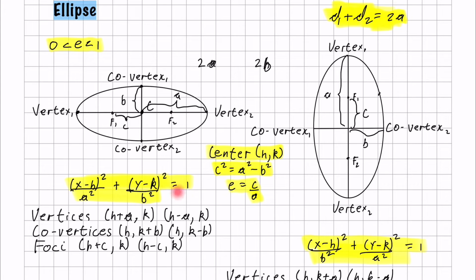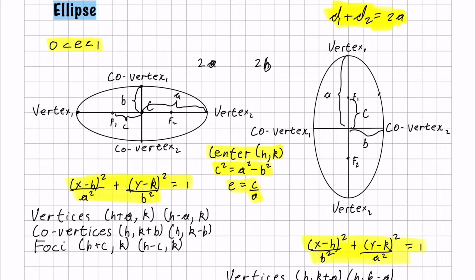These equations aren't really different. The equations are the same on the top: x minus h whole squared, and y minus k whole squared. The only difference is in the bottom, where it's a squared and b squared.